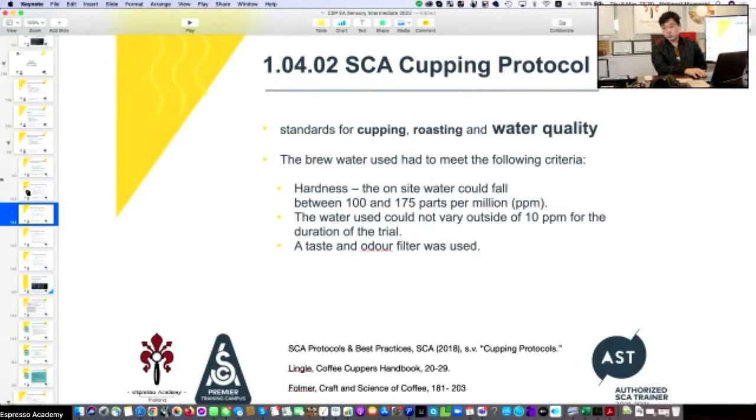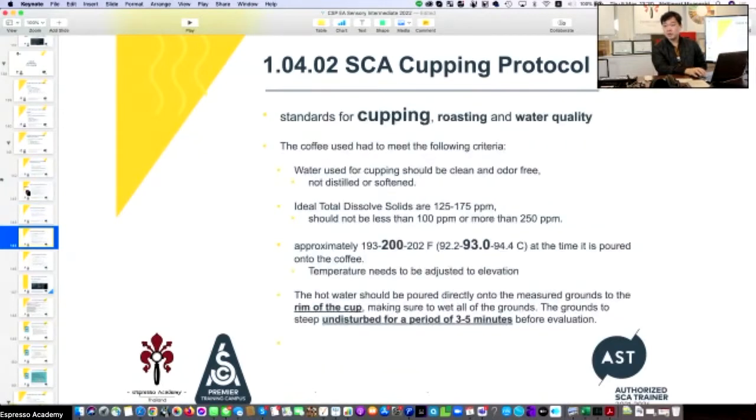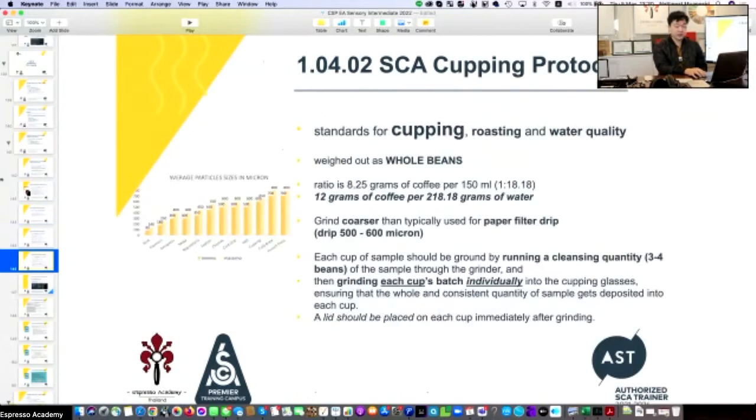There's a protocol for water quality. There is a protocol on cupping, like grind size, color, TDS of the water, the temperatures. Here, cupping grind size. Everything has a protocol, just to make sure that if we want to repeat it, we would try to repeat according to the protocol.